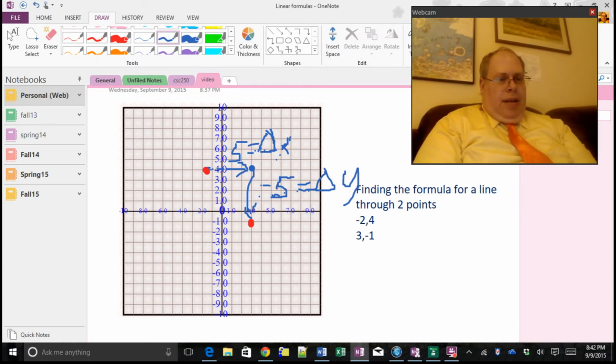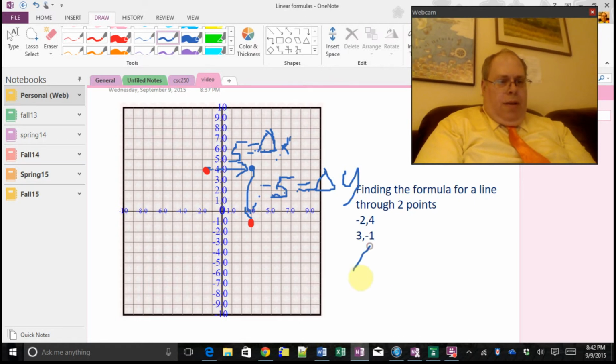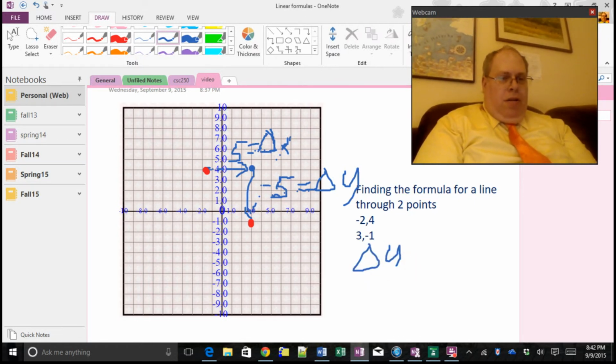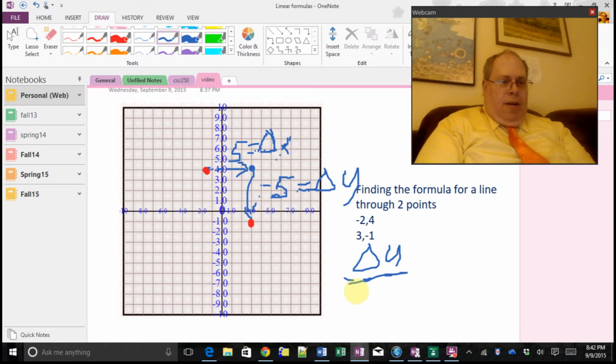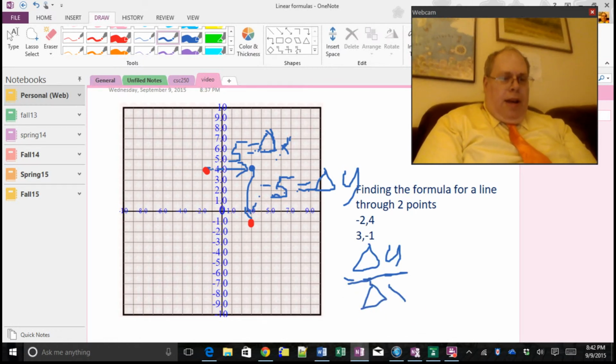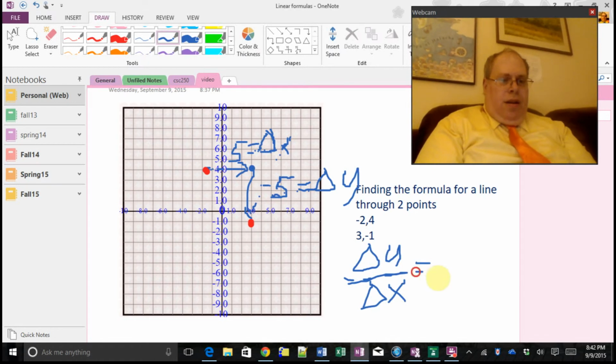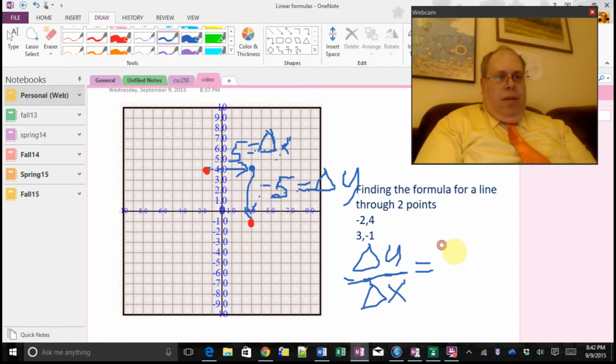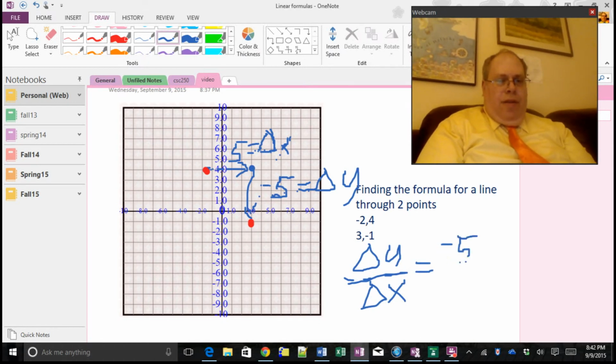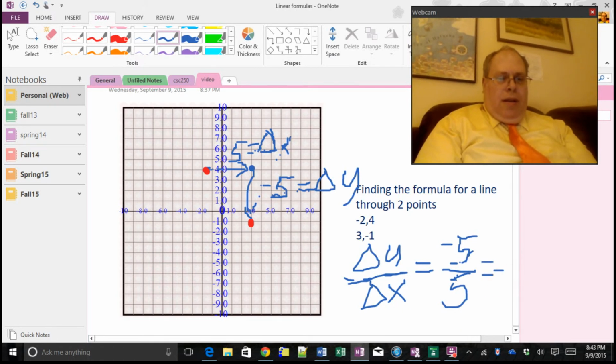So that tells us our slope, delta y, make sure you do them in the right order, delta y over delta x is equal to -5 over 5, which equals -1.